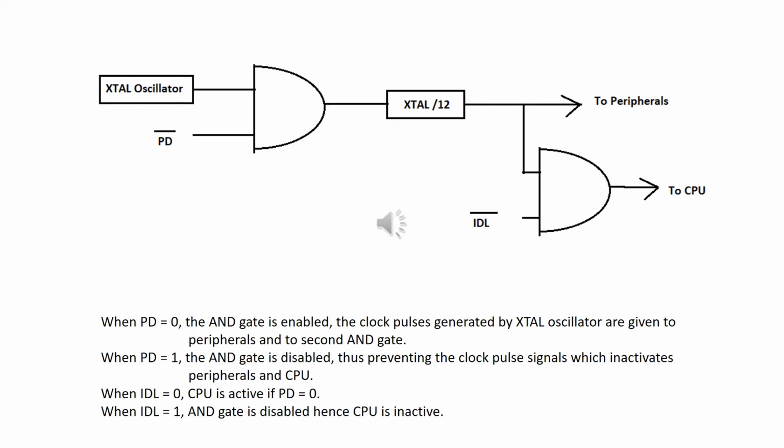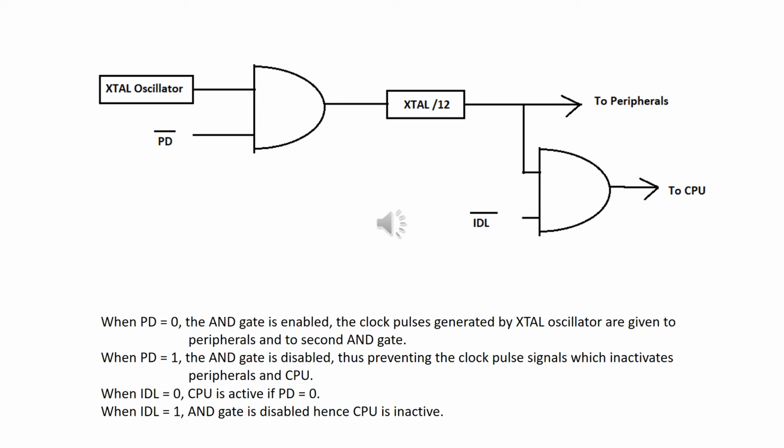Then IDL bar is connected to another AND gate. So when this is enabled, it is given to the CPU. This indicates that when PD is equal to 0, the AND gate is enabled and clock pulses generated by the XTAL oscillator are given to the peripherals and to the second AND gate. When PD is equal to 1, the AND gate is disabled.